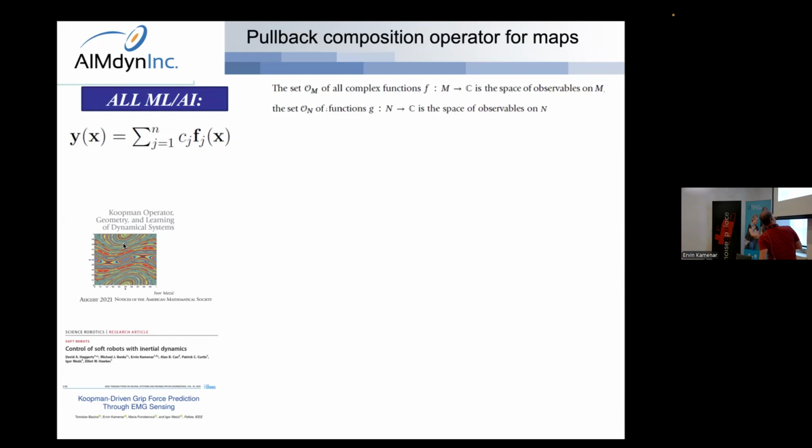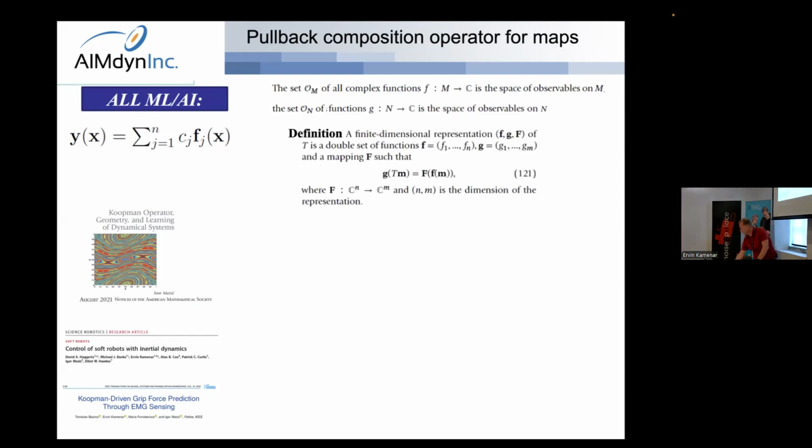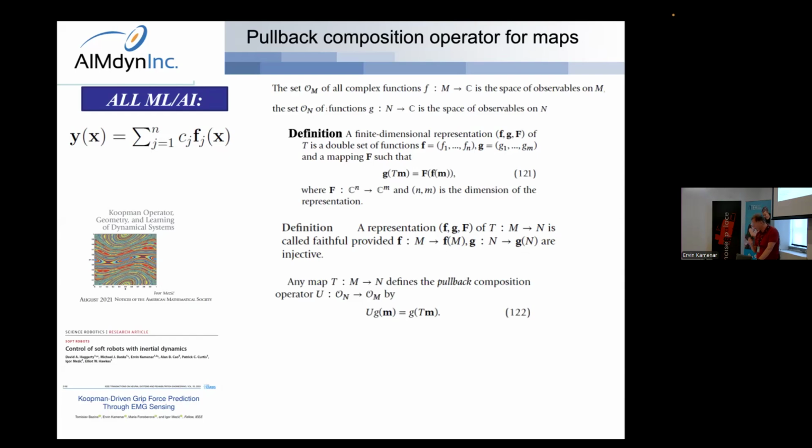So take the set OM of all complex functions on the space of observables on M, and then ON is all the functions on the space of observables on another space, N. A finite dimensional representation is a double set of functions F and G. So these are the lifters on M, and these are the lifters on N. And then a representation, again, very similarly, is just your operator, F, G, and F is just a mapping that says the lifters on G are some function F of the set of functions on M.